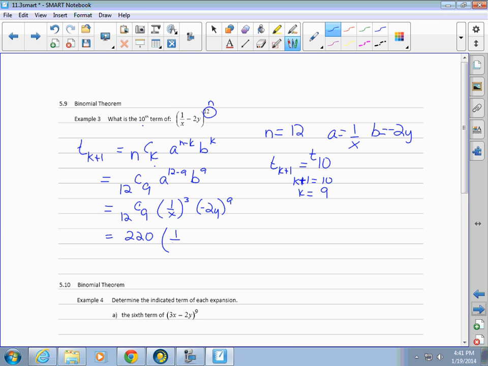This is 1 over x cubed times negative 2y to the 9, which is negative 512y to the 9. So if I put this all together, it is 220 times negative 512, so negative 112,640 y to the 9 all over x cubed.